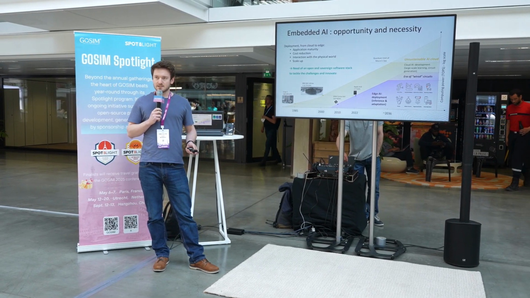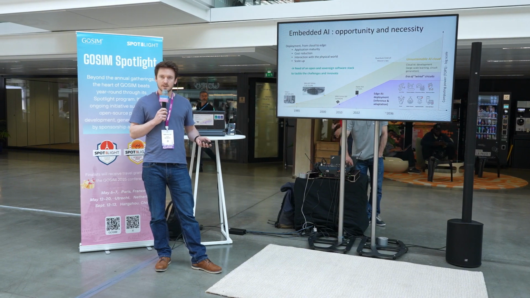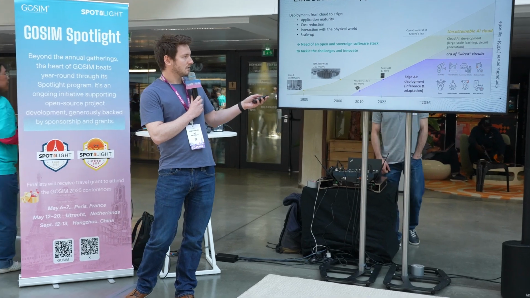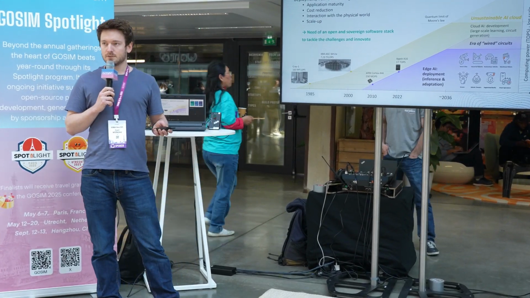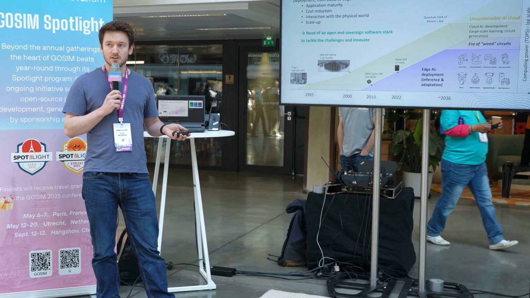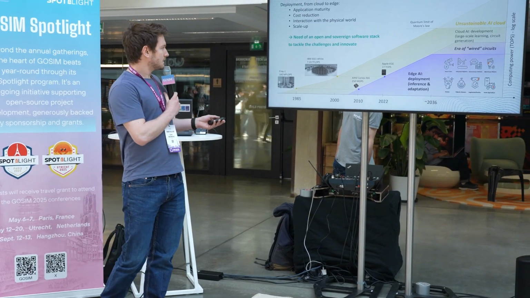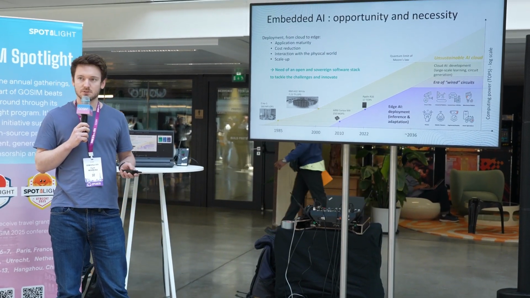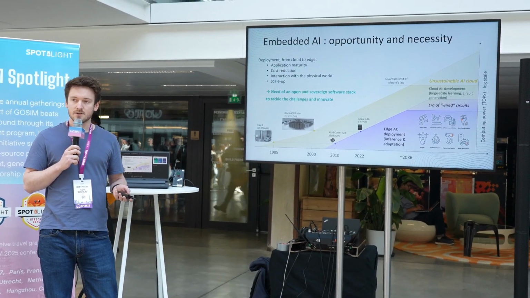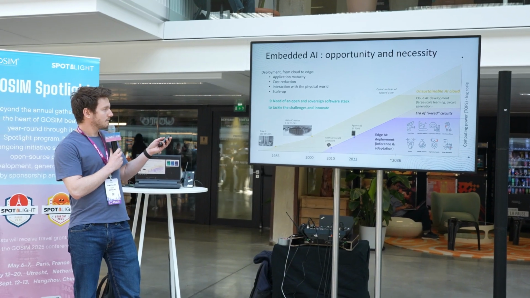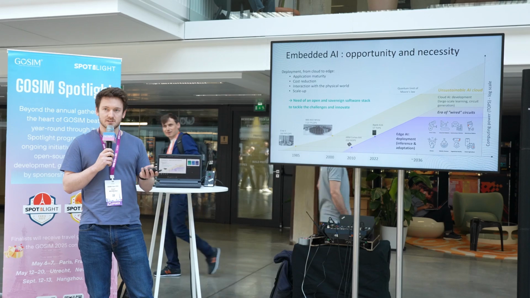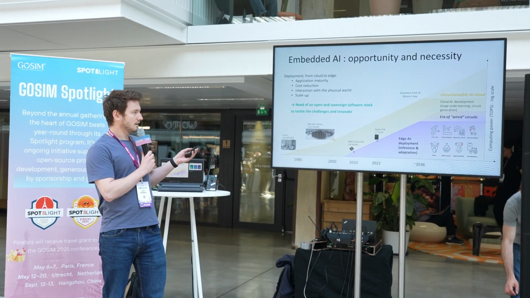And we think that with maturity of AI going up, there will be a need to go to edge deployment instead of what we're doing right now, which is more like a cloud-based development. So to do this, we need to have a solution that will allow us to easily switch from our neural network that has been trained with your favorite framework, for example, PyTorch or TensorFlow, into edge device.